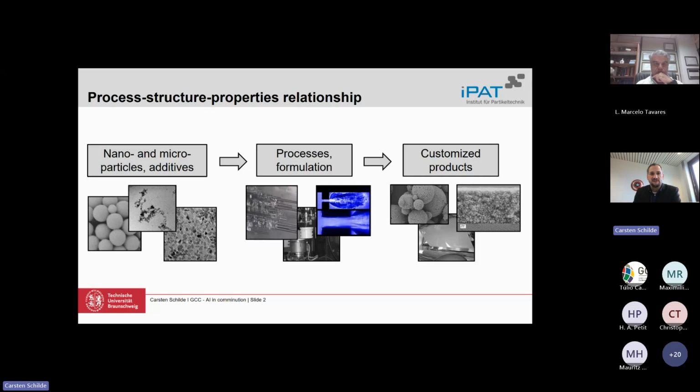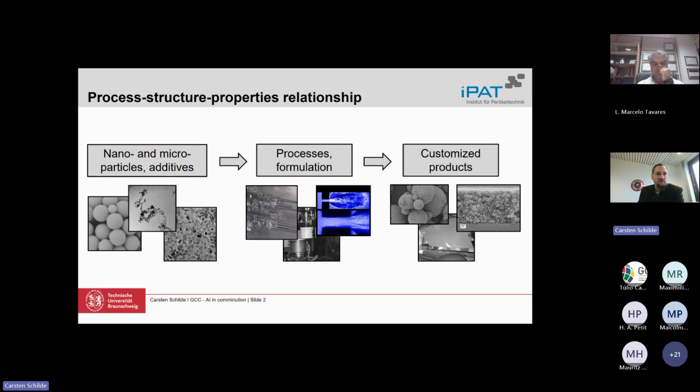All these steps intercorrelate with each other and have an effect on the structures of the customized product. If they have an effect on the structure, of course, they will also have an effect on the application-related properties. This is independent of whether I have an aggregate, or the structure of a coating for lithium-ion battery coatings or whatever.